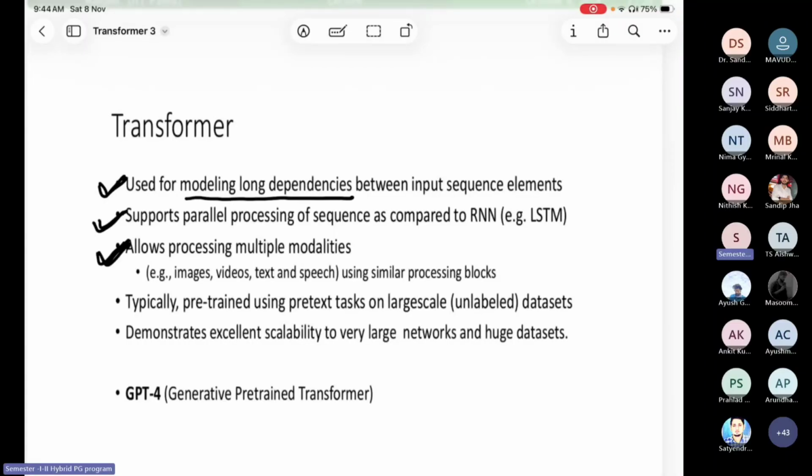When it came around 2017, people used it for the NLP task only, and they had not tried other domains like image, video, etc. The reason was that at that time we already had very good architectures, very good networks like CNN, GAN, autoencoder, variational autoencoder.